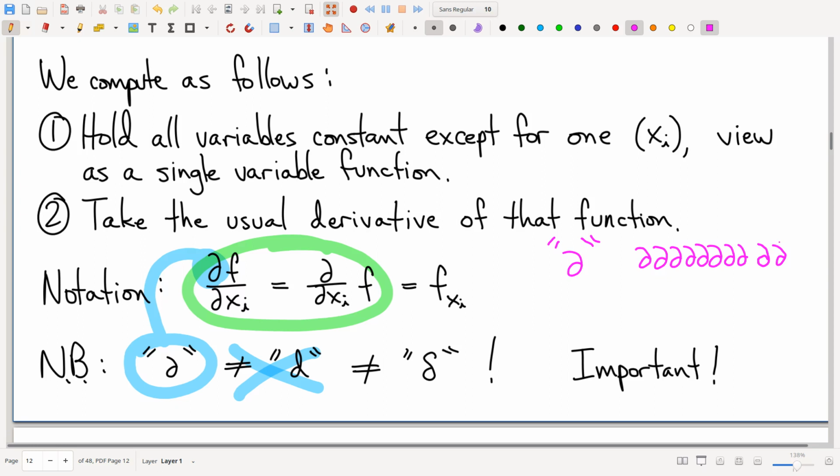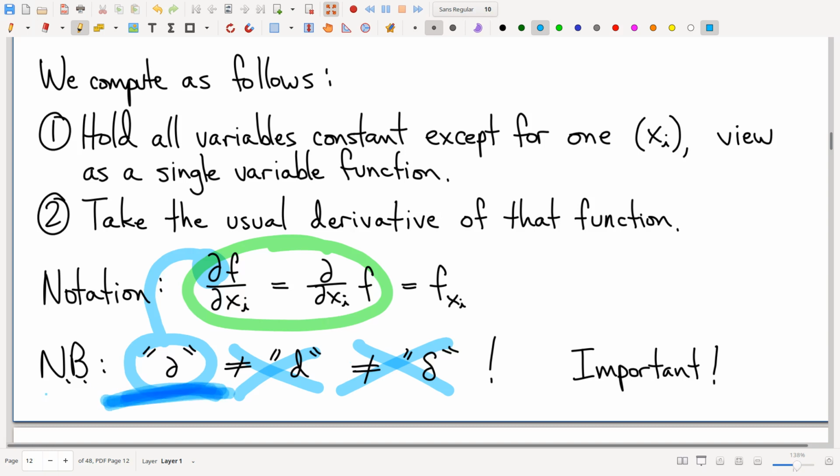But suit yourself. You've got to make these silly little decisions so that you can be fluid with it. Also, very important, this is also not the Greek letter delta. Again, not optional, not okay. That delta means something else. So you can't do that either. You just have to get used to making a new symbol.